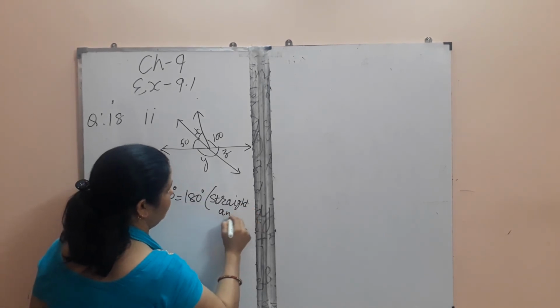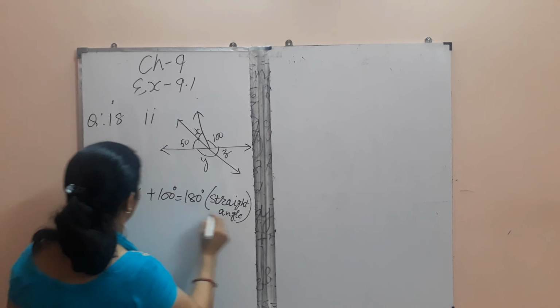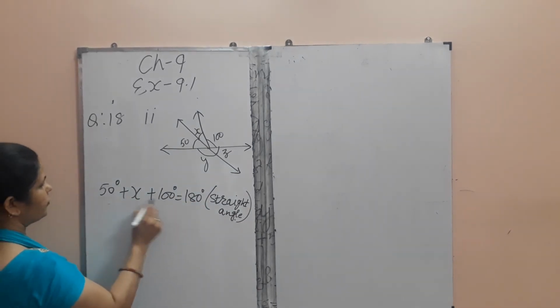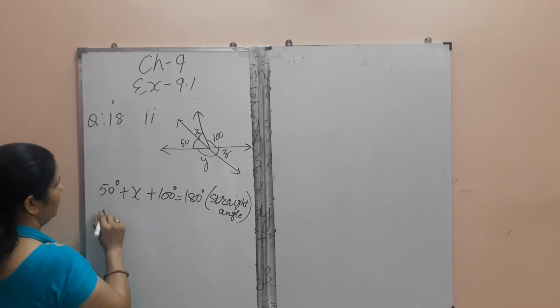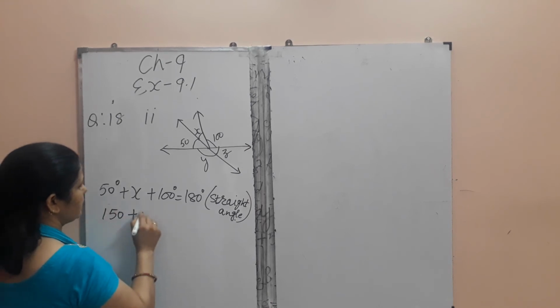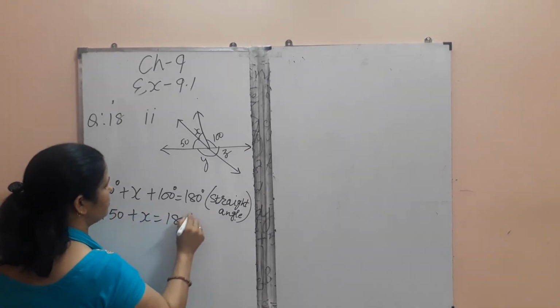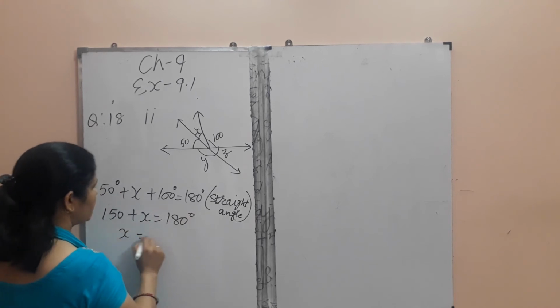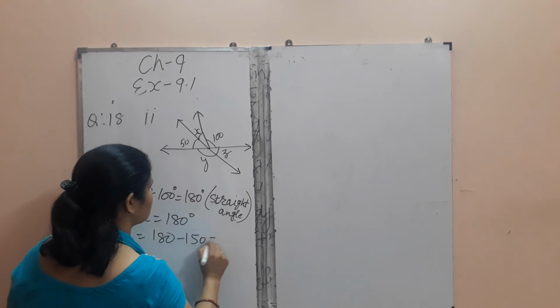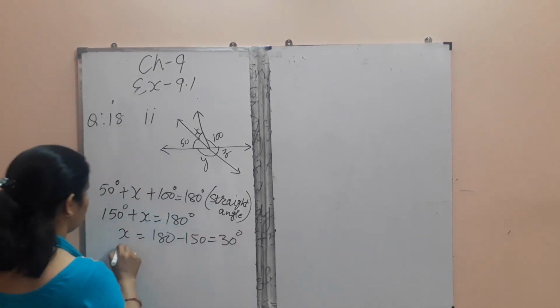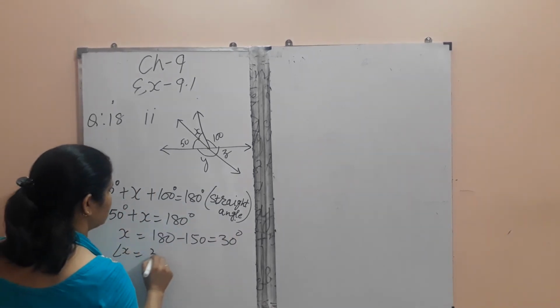So 50 plus 100 is 150, 150 plus x equals to 180 degree. x equals to 180 minus 150 equals to 30 degree. So angle x is equals to 30 degree.